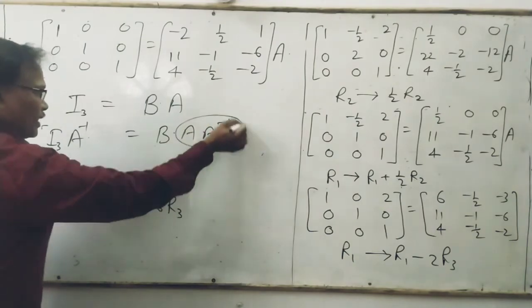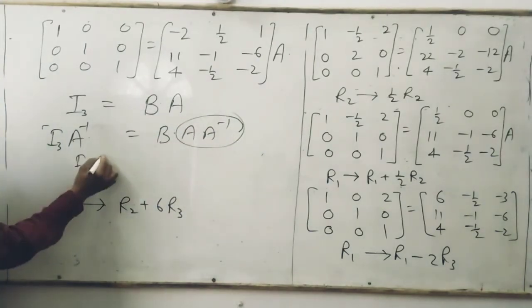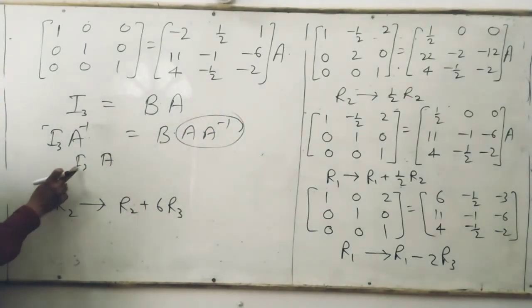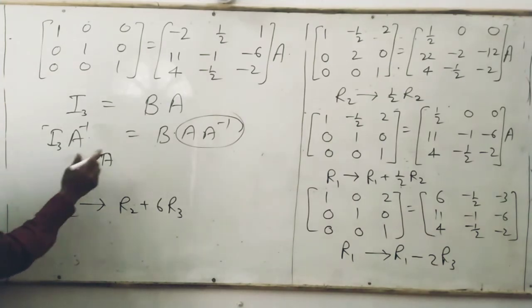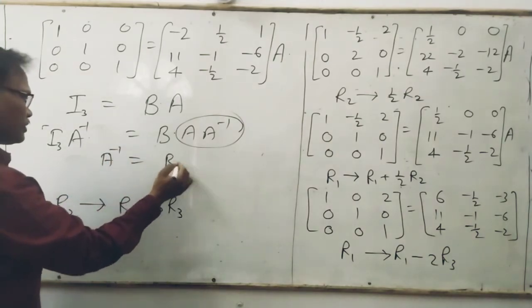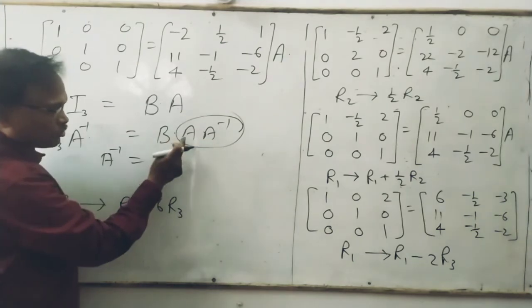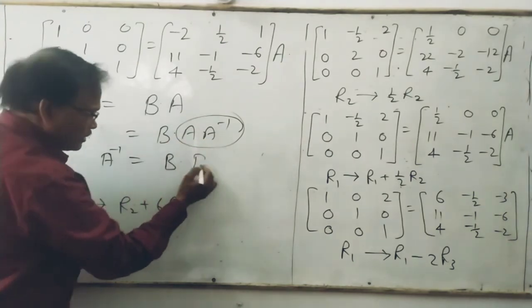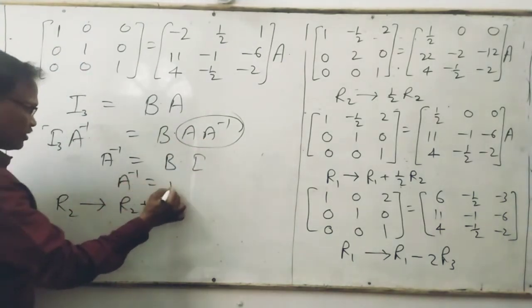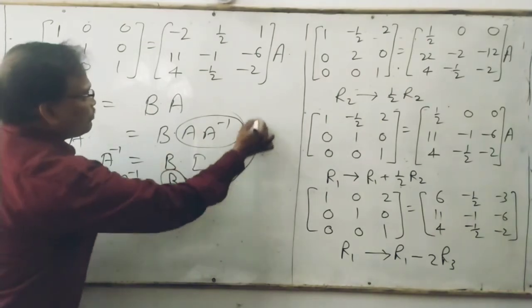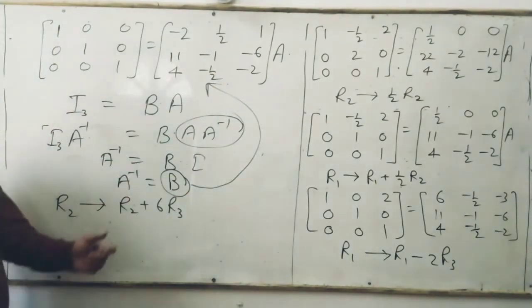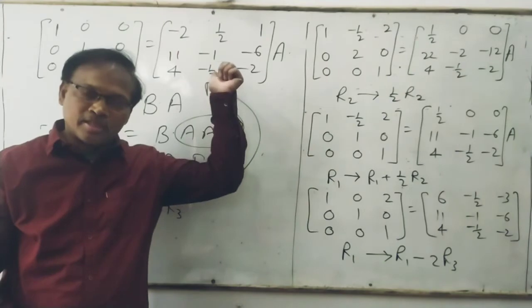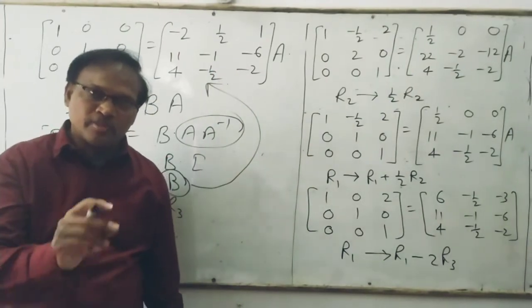So it will be I, and the unit matrix into any matrix gives that matrix, and the matrix into the inverse of the matrix will be I. So you can say A inverse is equal to B, meaning B is the answer. This matrix is the inverse of the matrix A.